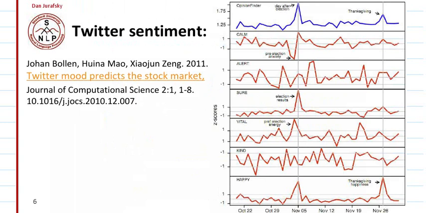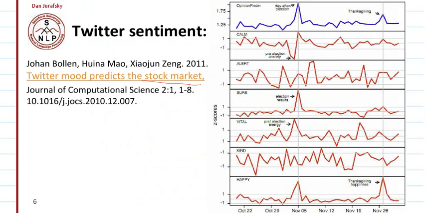Similarly, sentiment analysis can also be applied, again using Twitter, to predict the stock market. These are the different times at which the opinions have been recorded for stocks.